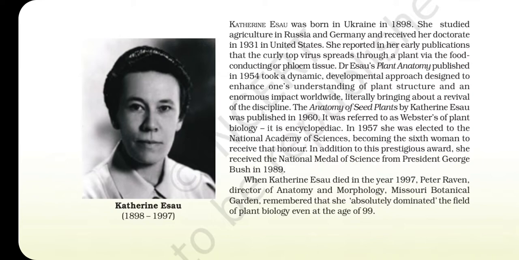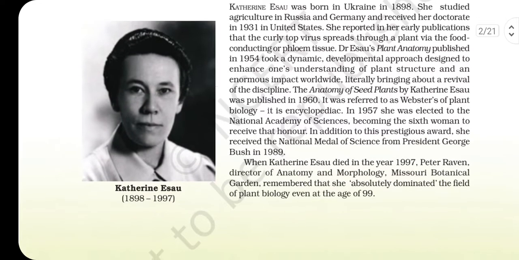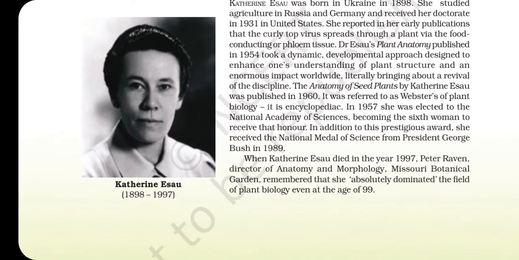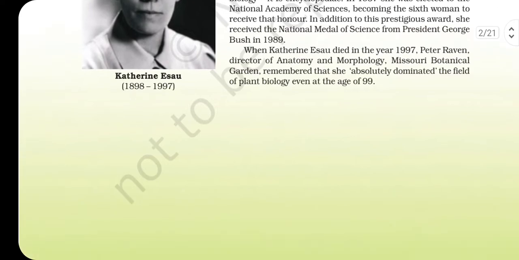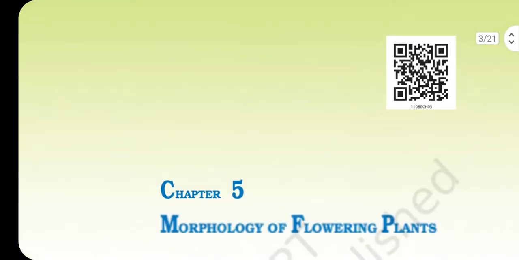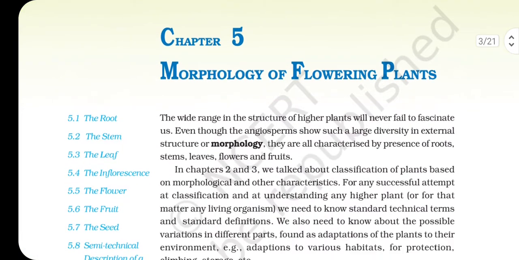When Katherine Esau died in the year 1997, Peter Raven, director of anatomy and morphology, Missouri Botanical Garden, remembered that she obviously dominated the field of plant biology even at the age of 99.